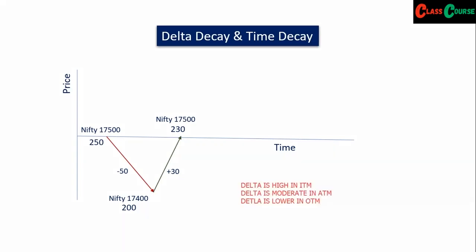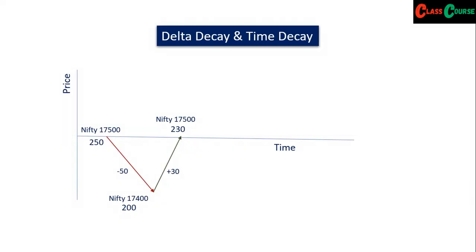Delta is higher in ITM, moderate in ATM, and lower in OTM. Which also means, I will explain once again: when the market is decreasing from ATM to OTM, it will decrease at a moderate level. When the market is increasing from OTM to ATM, it will increase only in a very lesser way. Understood? So this concept you can note down in your notes as well.